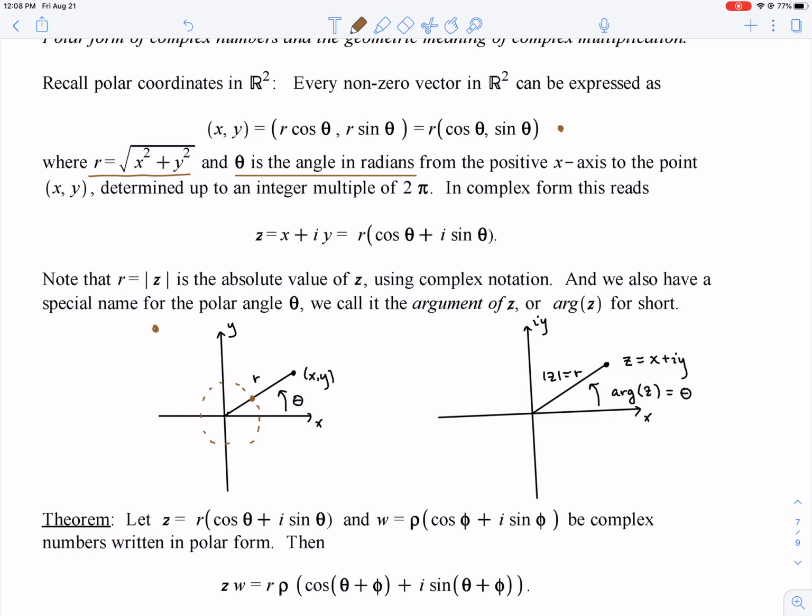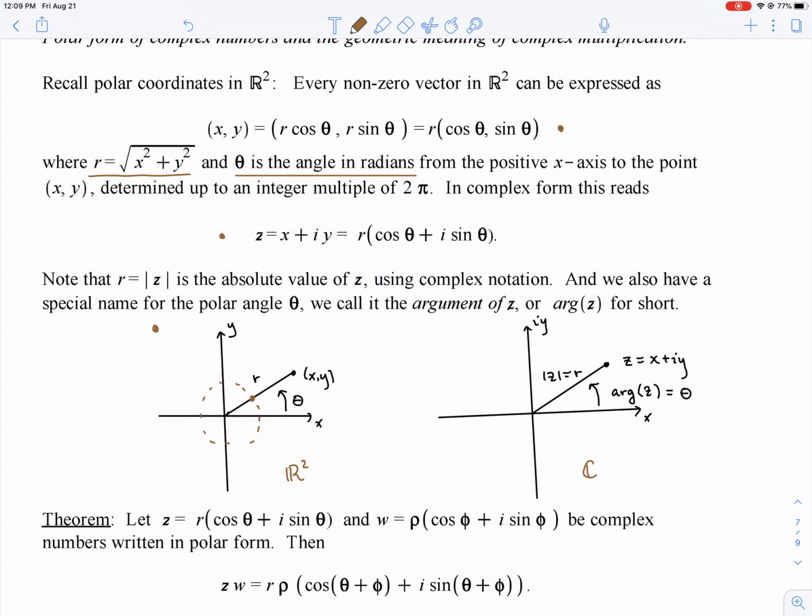Okay, so in the complex plane, relabeling and thinking of the complex plane, we can write any complex number z, x plus iy, as r times the unit complex number cosine theta plus i sine theta.